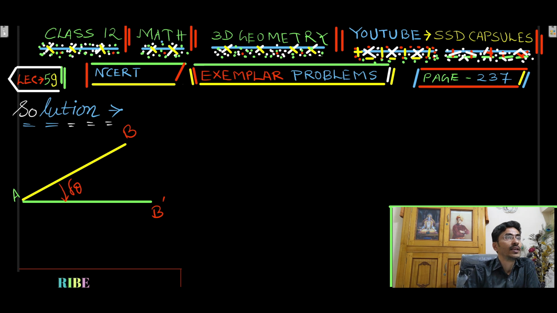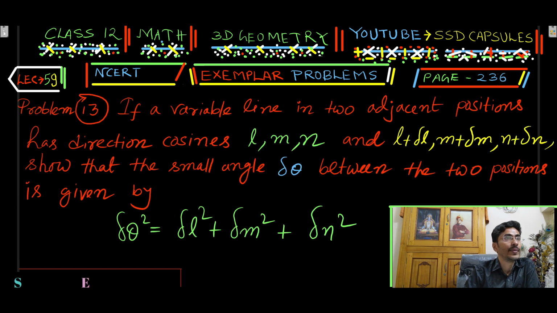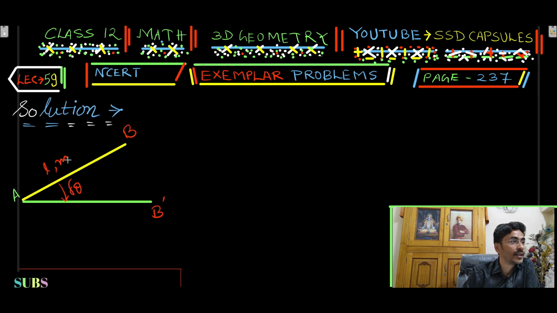It is given in the question that l, m, n are the direction cosines, not ratios.